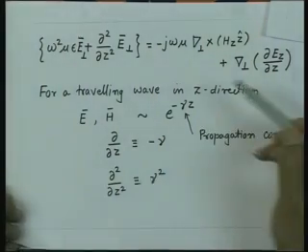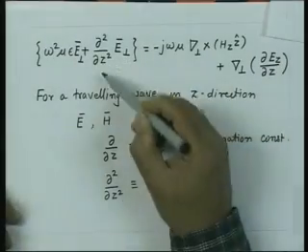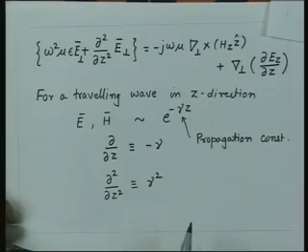We know this is called the propagation constant. So, I can replace now d by dz by minus gamma and d2 by dz square in this expression by gamma square.